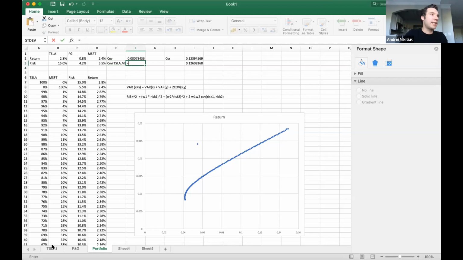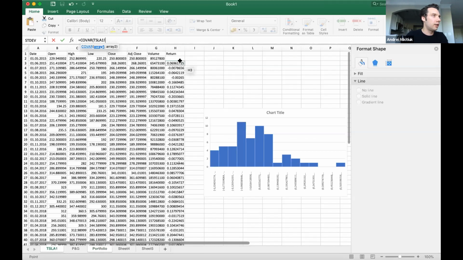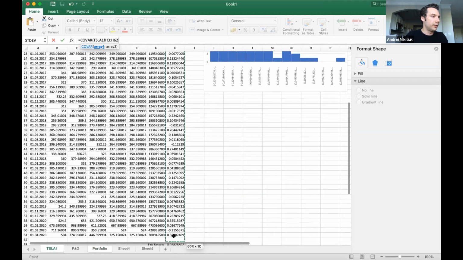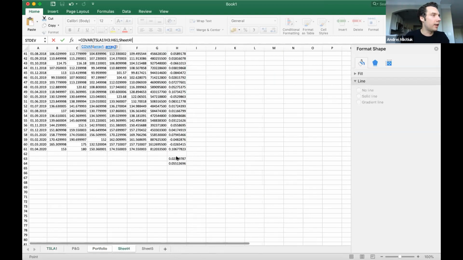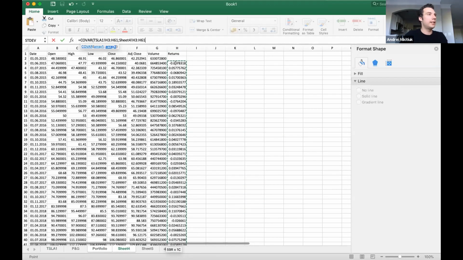You can actually see that we're getting close to building a portfolio of 3 stocks. So that's my Tesla data. That's my Microsoft data.